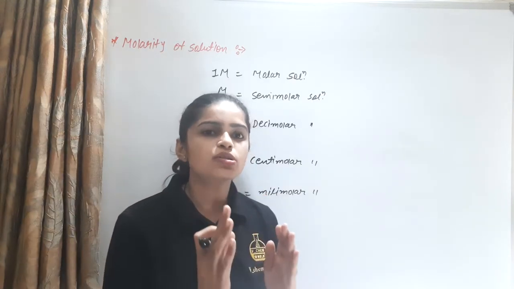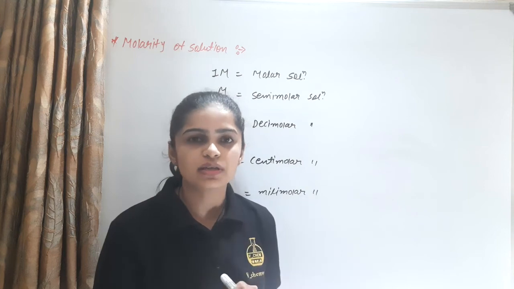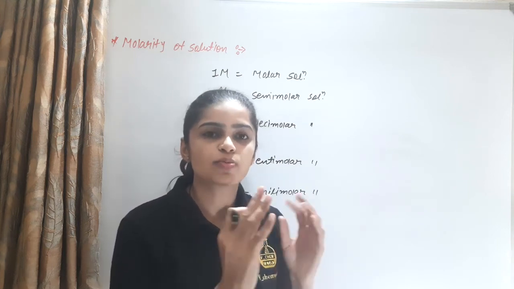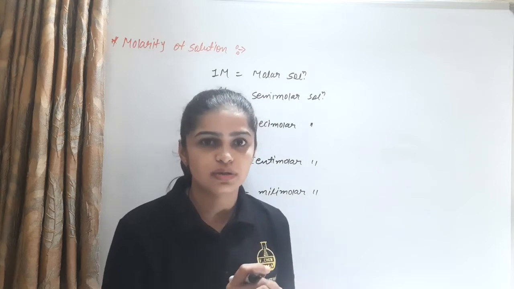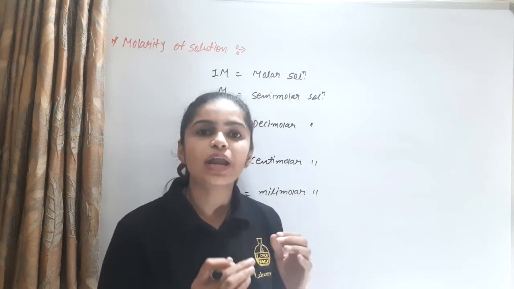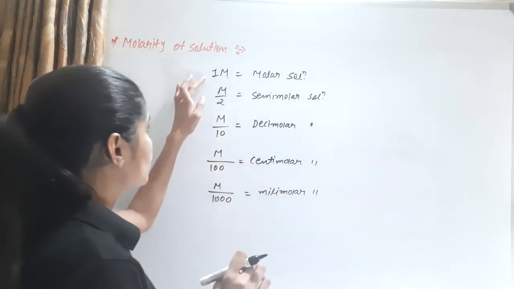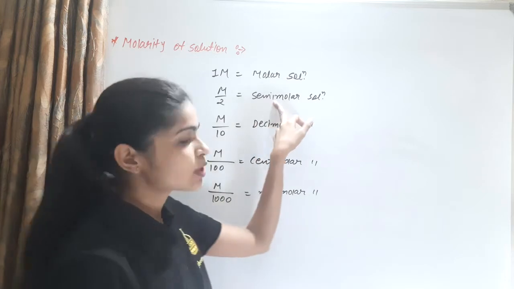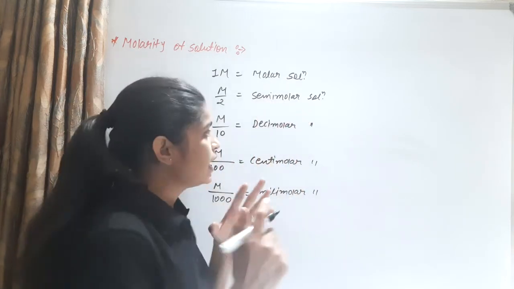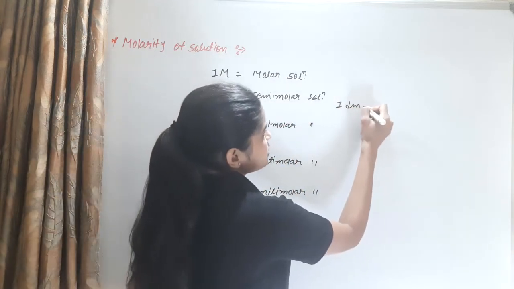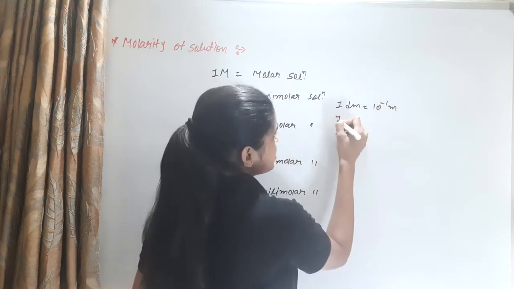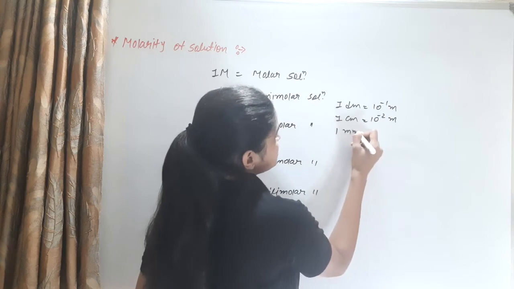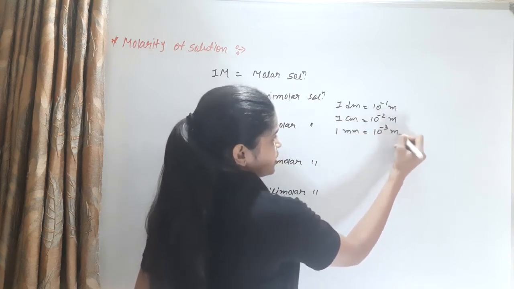Molarity is the most common method for expressing the concentration of a solution. In the laboratory we mostly use molar solutions. How do we find the different molarity concentrations? First, 1 molar is known as the molar solution. Molarity divided by 2 is known as the semi-molar solution. We know that 1 decimeter is equal to 10 raised to minus 1 meter, 1 centimeter is 10 raised to minus 2 meter, and 1 millimeter is 10 raised to minus 3 meter.